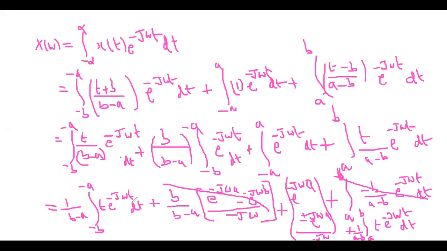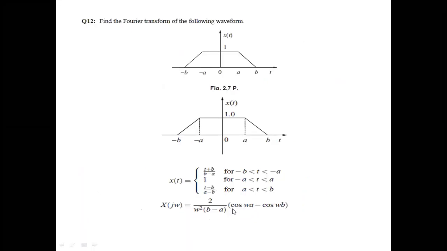Then we have cos omega a and cos omega b, so cos omega a minus cos omega b we get. Okay, a little bit of simplification is there. You have to do that one, my dear students, by applying the by parts there.